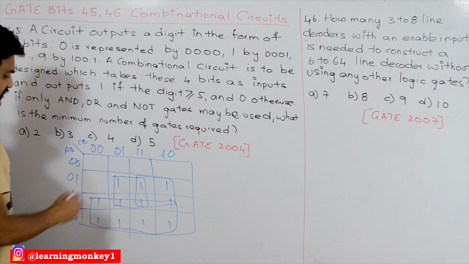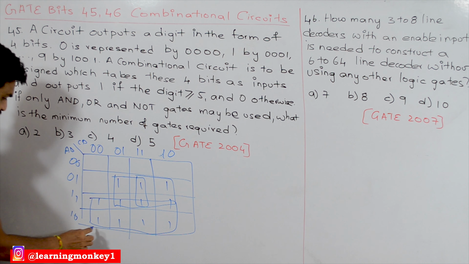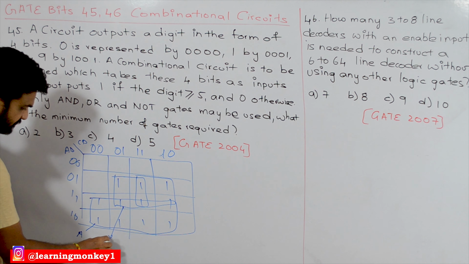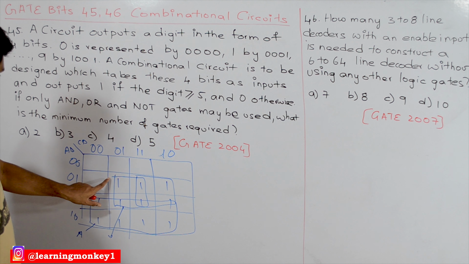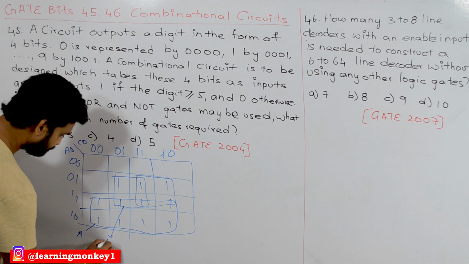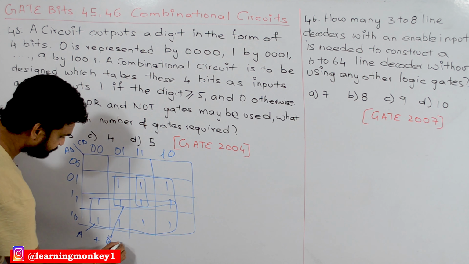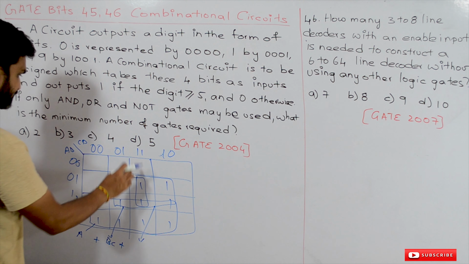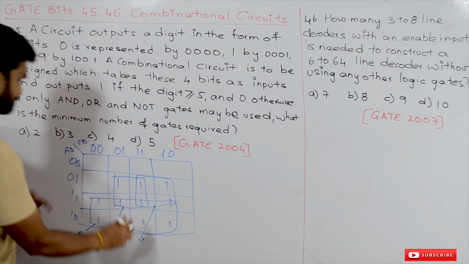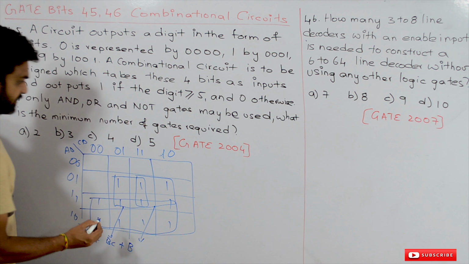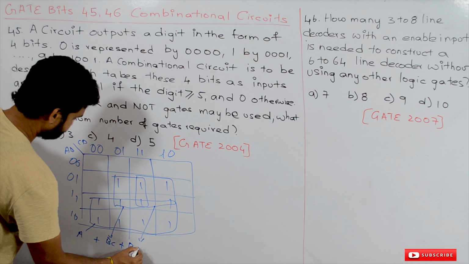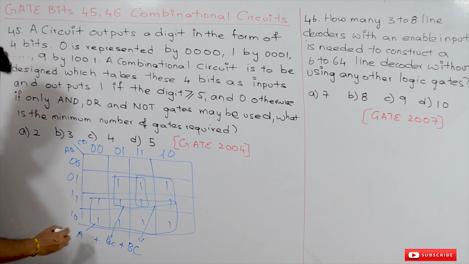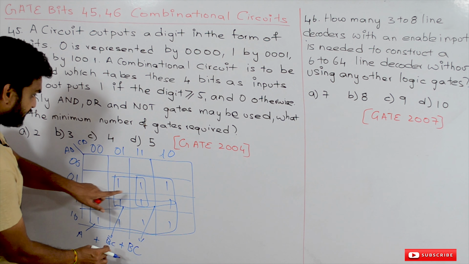With this, if you try to minimize it, this is going to be A, and this one is going to be BD, and this subcube minimization is BC. Okay, so this one is BD.